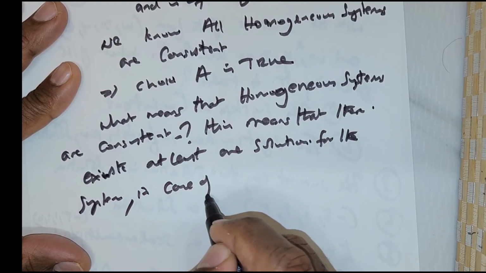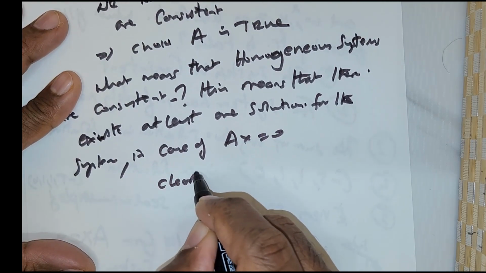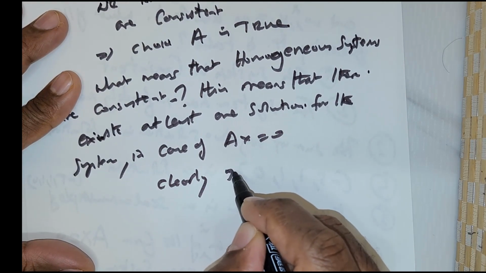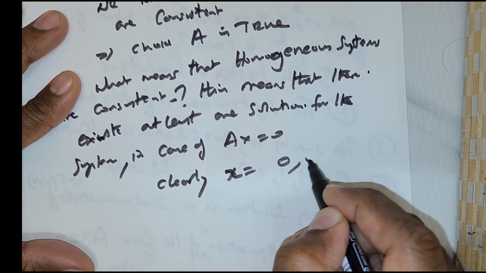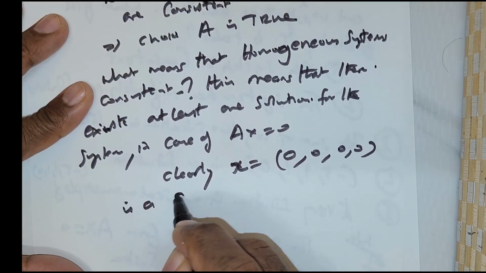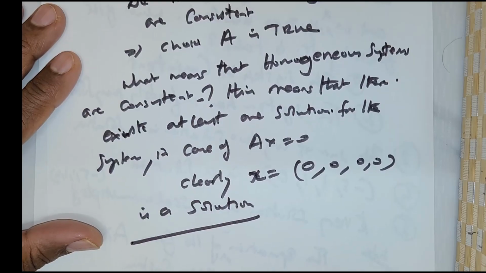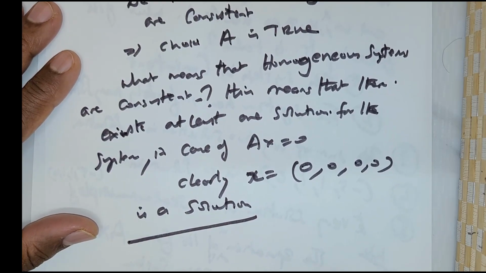In case of Ax being equal to 0, clearly x equal to 0, 0, 0, 0 is a solution, right? So this is a very, very important point.